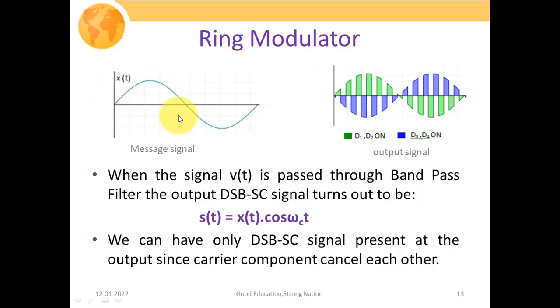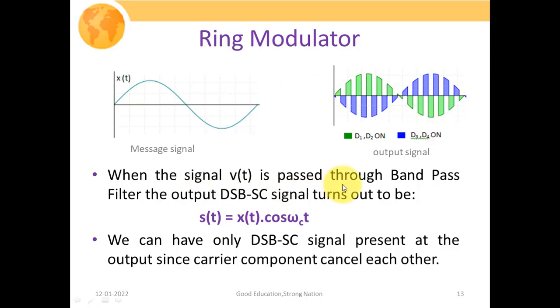Since this is your message signal, if we are talking about positive switching and negative switching, this is the output that will be equal to xt when D1 and D2 are on, and this blue color is showing minus xt when D3 and D4 are conducting. So we get this sort of pattern as your output signal, or you could say this figure is basically showing the value of Vt.